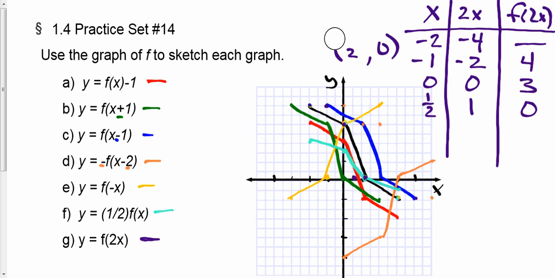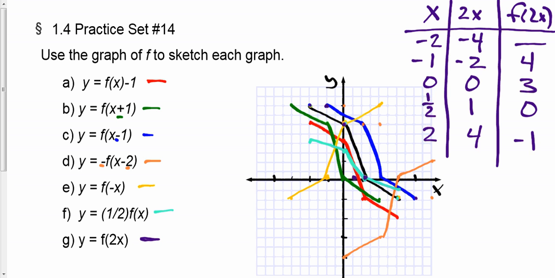I want to look at when x equals 2. Why? Because when I multiply 2 times 2, I get 4. And I know f of 4 is -1.